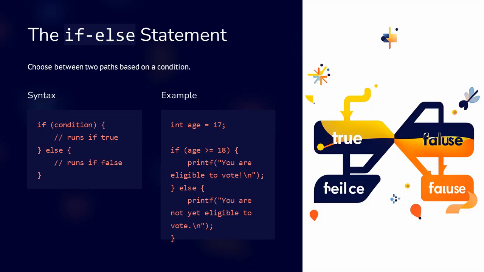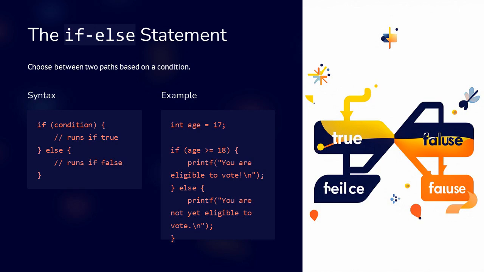The syntax: if condition within the braces, statements run if true, else within the braces, statements run if the condition is false. Example: int age = 17.